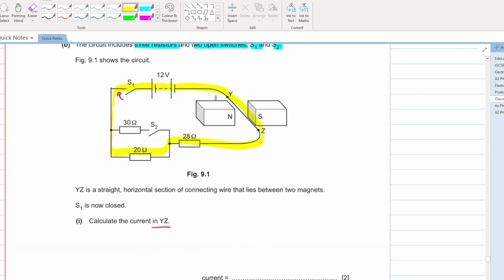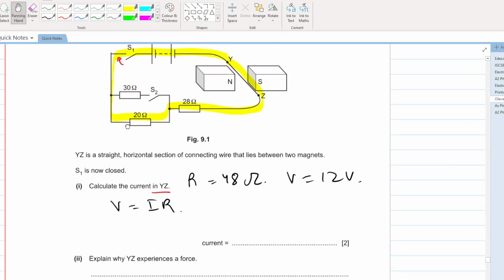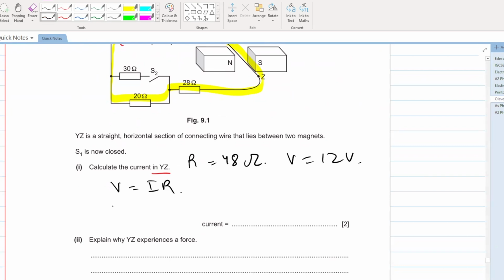Can you realize if S1 is closed, 20 ohm and 28 ohm are in series? What will be the total resistance? Total resistance is 48 ohm. The voltage is 12 volts. Perfect. Current की value क्या आ जाएगी? V is equal to IR. Voltage is 12. Resistance 48, divide कर दो. Current comes out to be what? 0.25 ampere is your current in YZ.